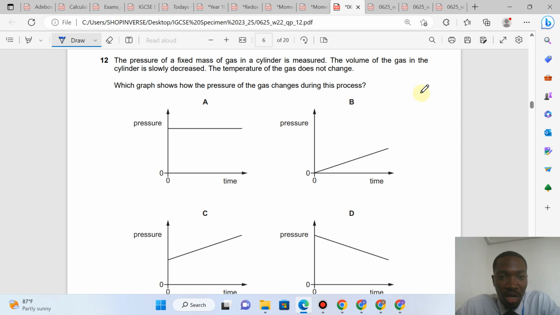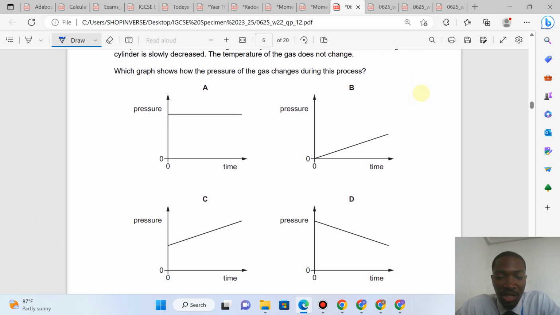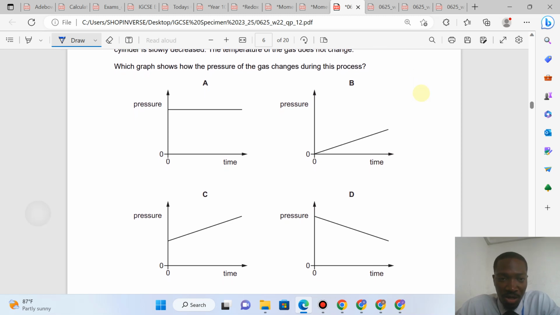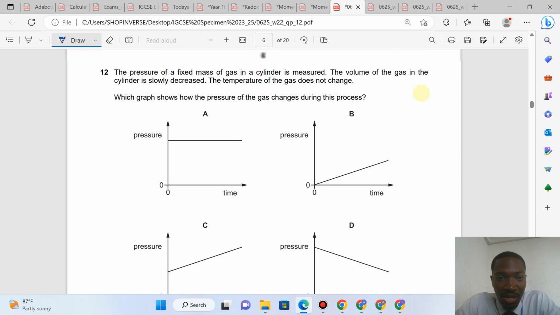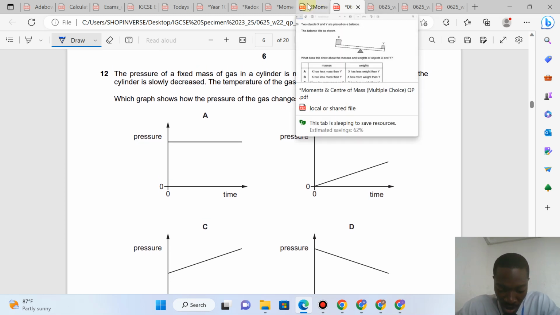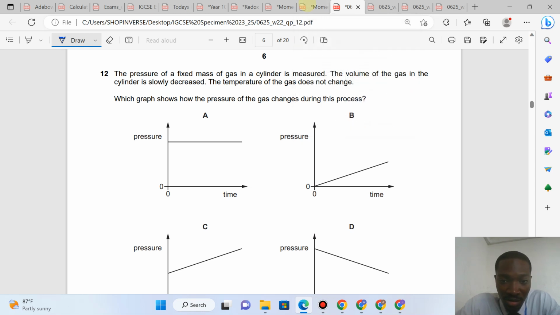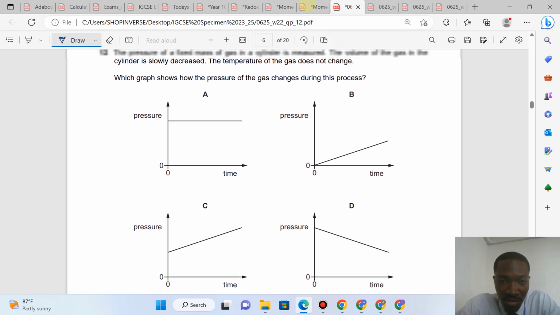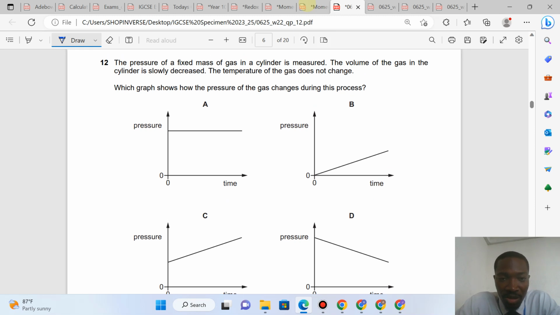Which graph shows how the pressure of the gas changes during this process? So a graph of pressure against time. A graph of pressure against time, in this case, let me see. The pressure will be increasing with time.